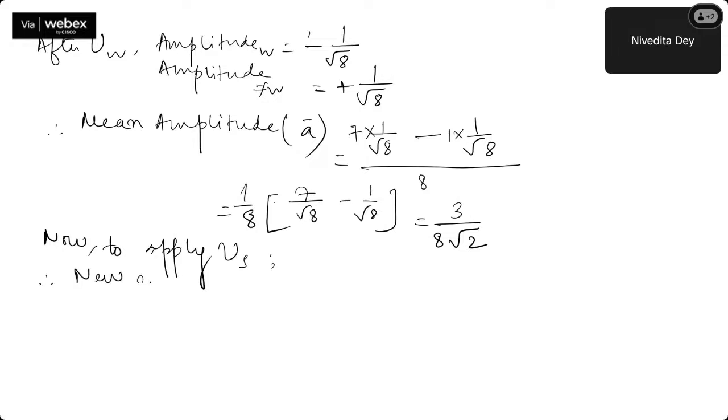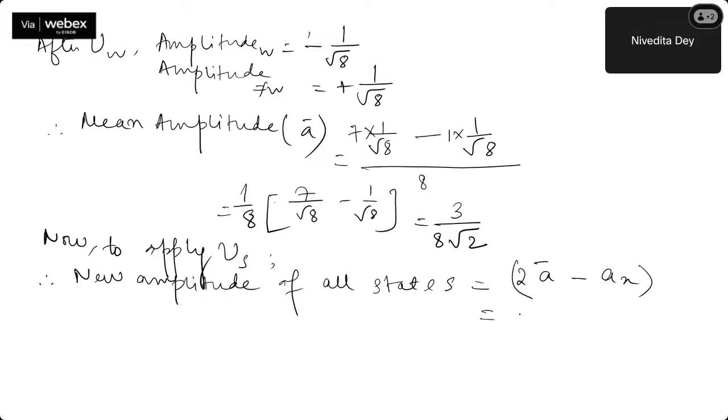Therefore, the new amplitude of all states will be 2a bar minus ax.